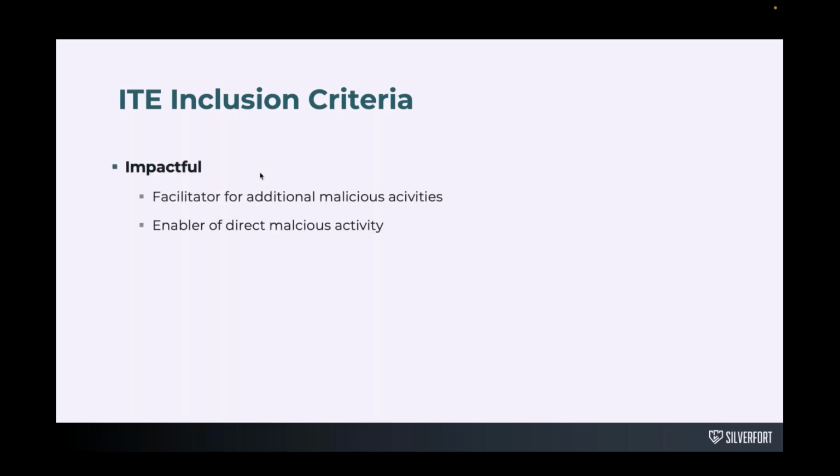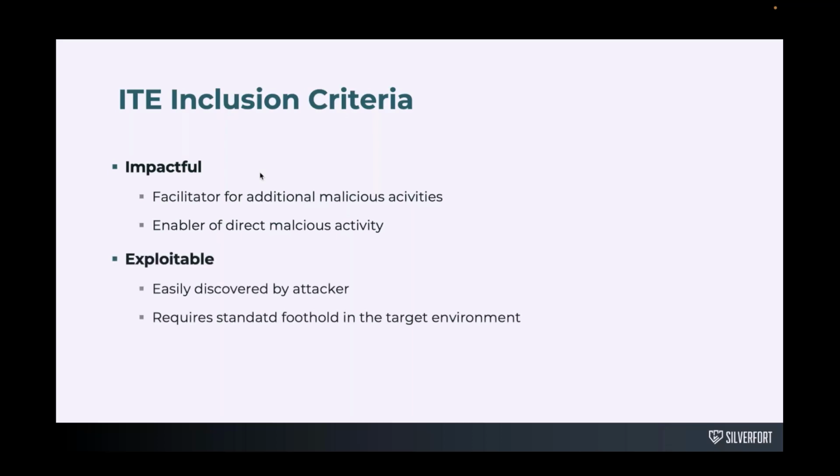So there are tens of different ITEs. The inclusion criteria here: we'll talk about ITEs that are impactful, meaning they either facilitate or directly enable significant malicious activity. They have to be exploitable.